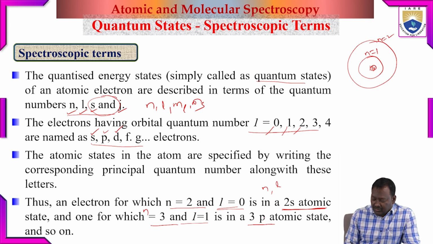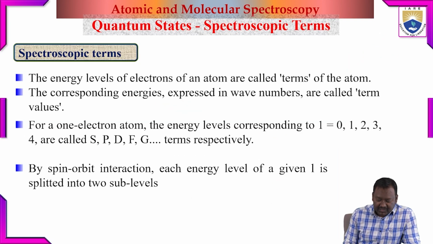Still, this 3p atomic state can be exhibited by several other electrons also. It is not exhibited by a single electron. So we need to distinguish between those electrons, and the energy of those electrons will be slightly different.